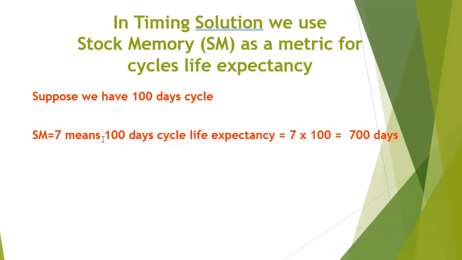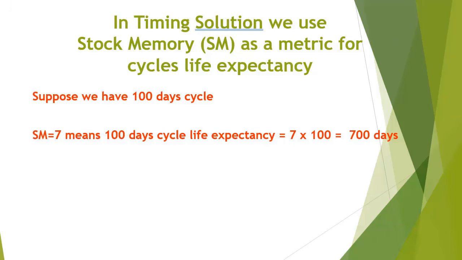It means that the lifetime expectancy for this cycle is 7 multiplied by 100, which is 700 days. So stock memory is lifetime expectancy measured in cycle periods. We use this metric a lot in Timing Solution, practically in all modules. So this is a very important measure of cycles' life expectancy.